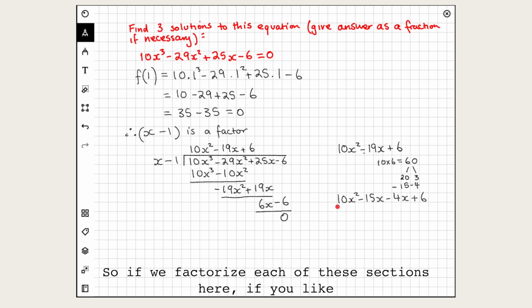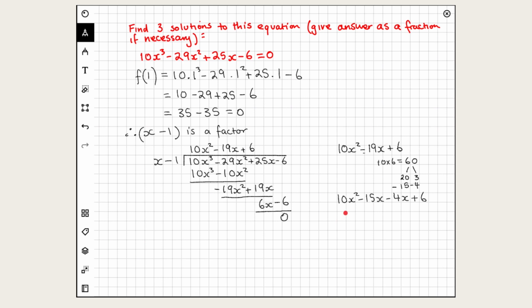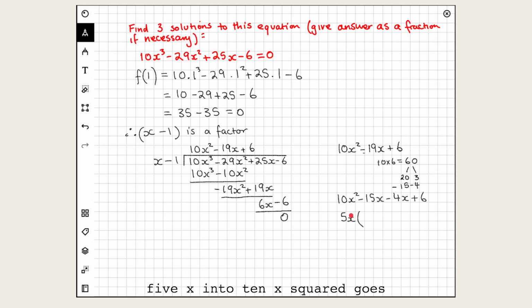So if we factorize each of these sections, 10x squared minus 15x, let's factorize those first two terms. 5 goes into both of them, x goes into both of them. 5x into 10x squared goes 2x. 5x into minus 15x goes minus 3. In other words, 2x times 5x is 10x squared, just checking.